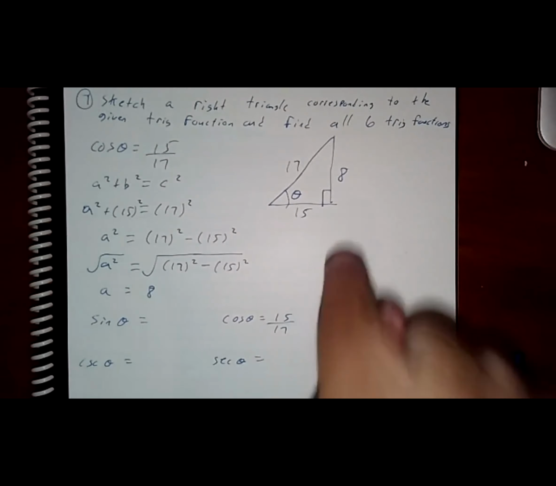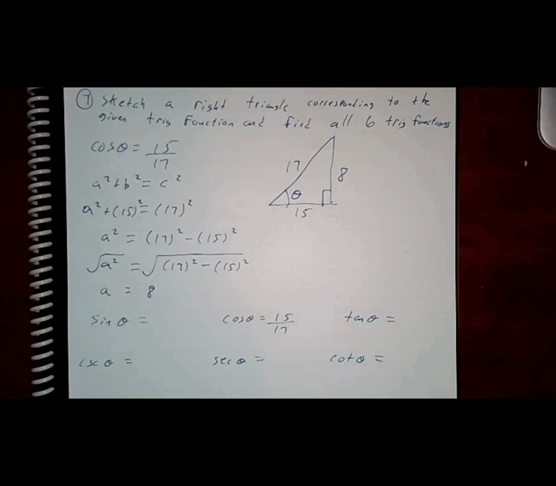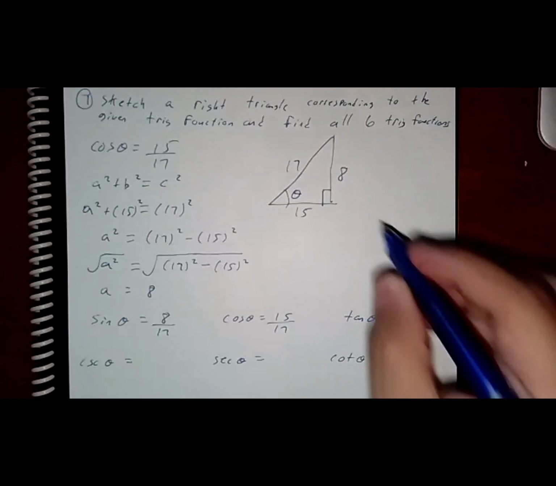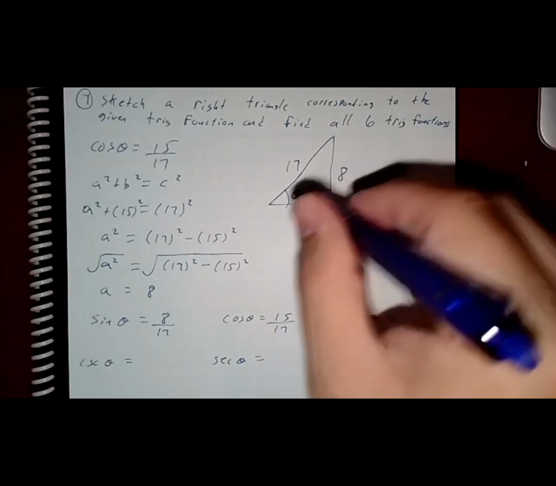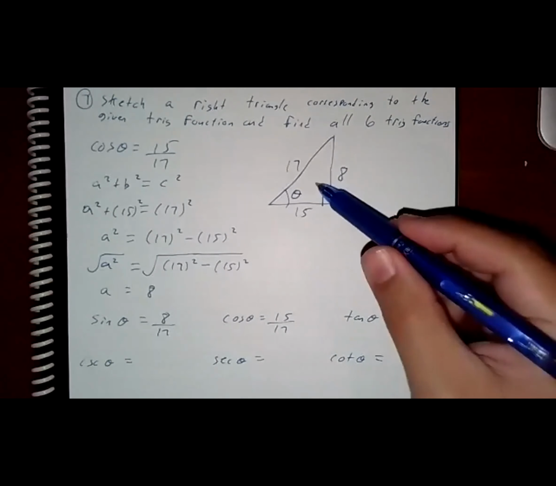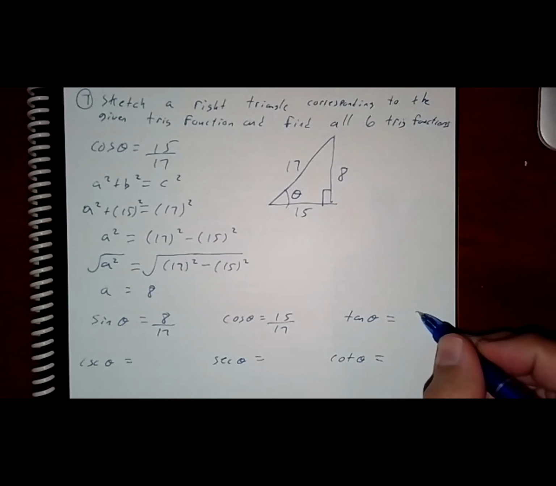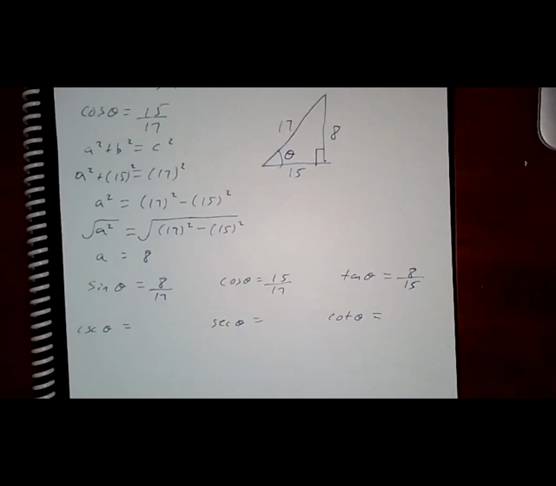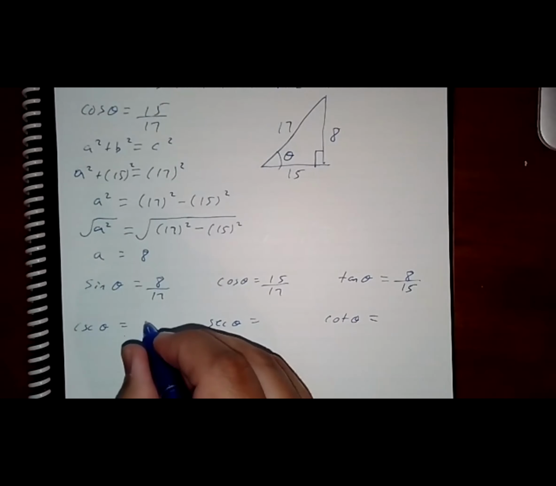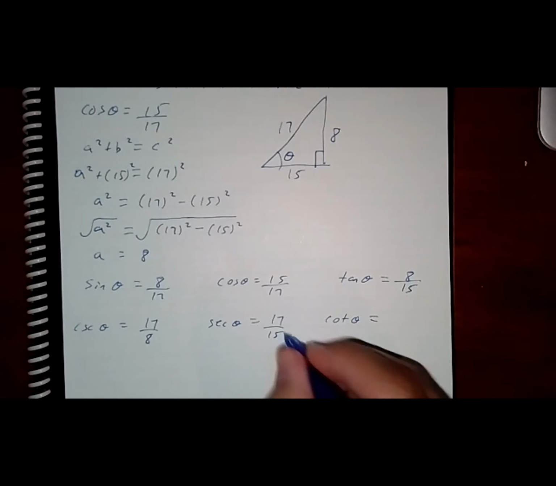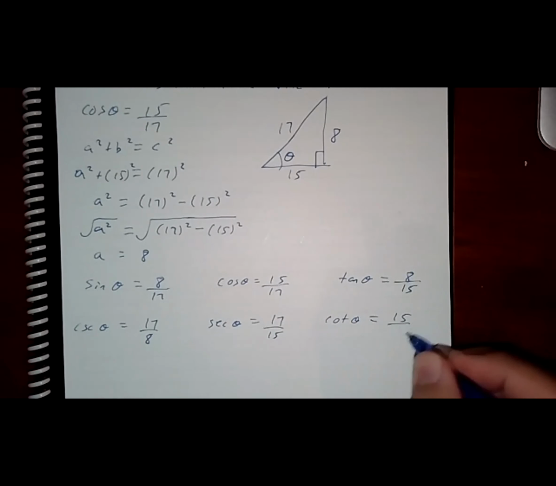It's not a big deal. Opposite over hypotenuse, it's right there. Yeah, opposite over adjacent is tangent. And then using our reciprocal formulas or identities, we know we can just flip these guys over. So cosecant is a reciprocal. Secant is this reciprocal. Cotangent is this reciprocal.